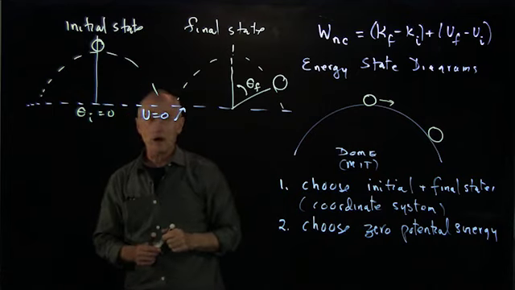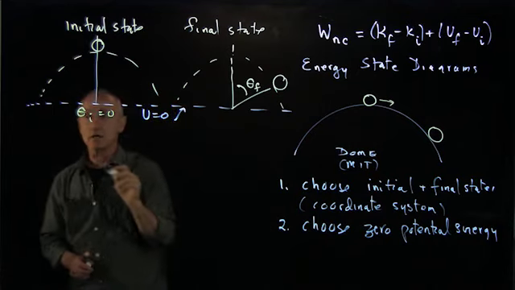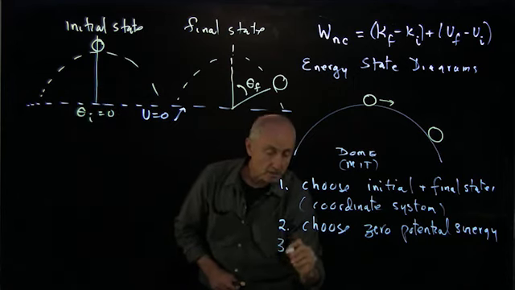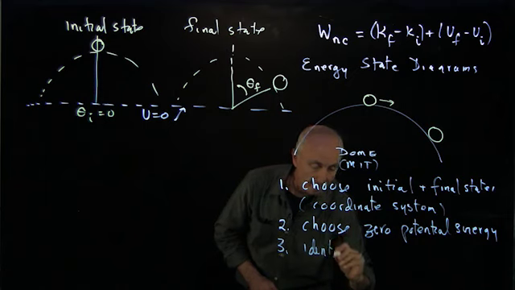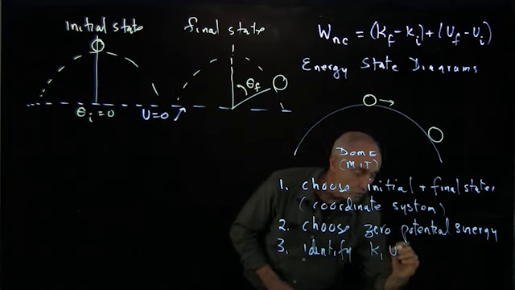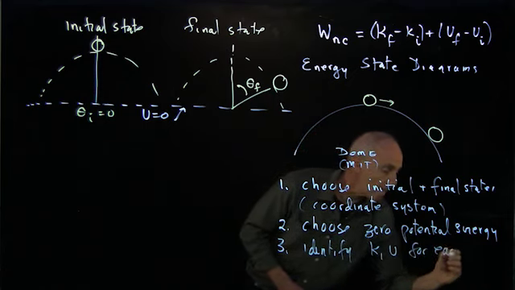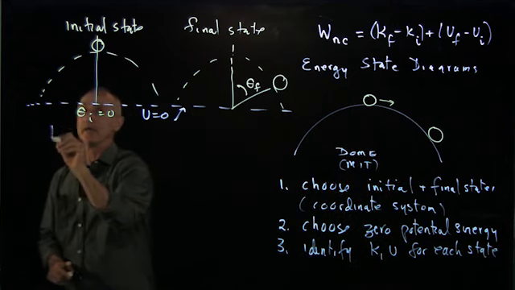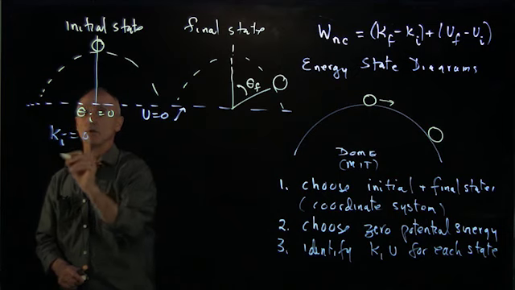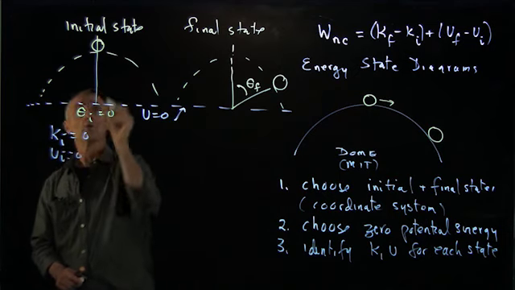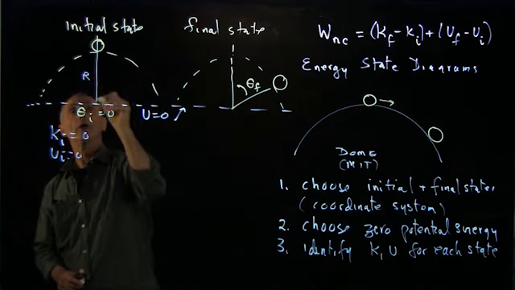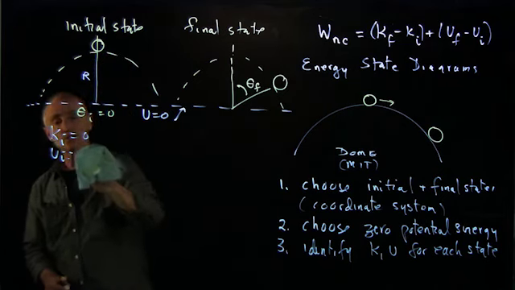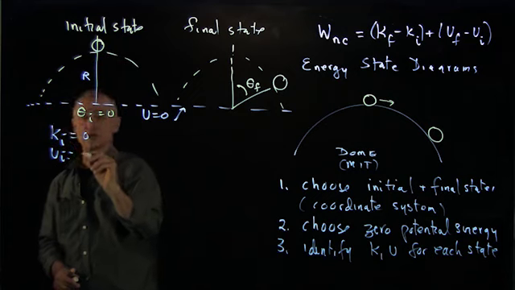And now step 3 is to identify the K and U for each state. So here we have K initial, it's at rest, 0. And U initial, well, I didn't introduce a parameter R. U initial is the gravitational potential energy, how high.